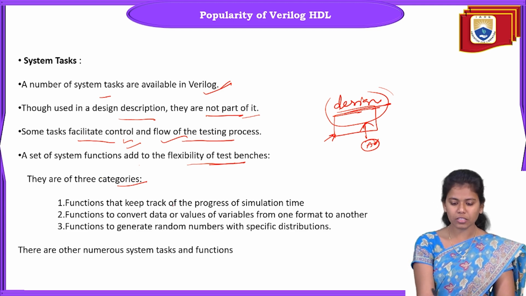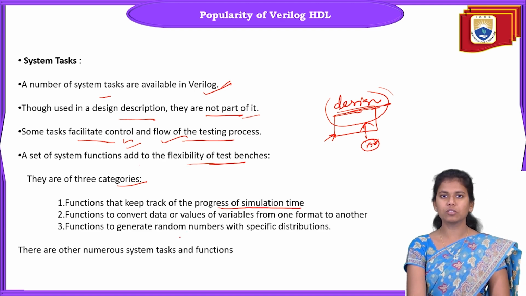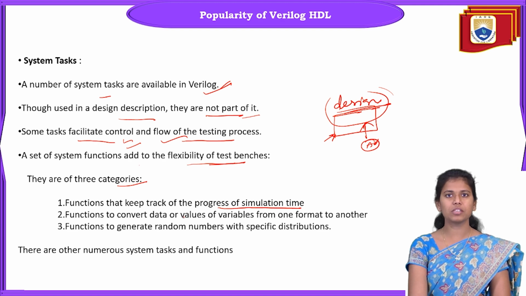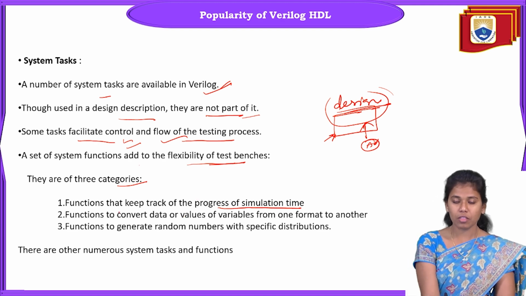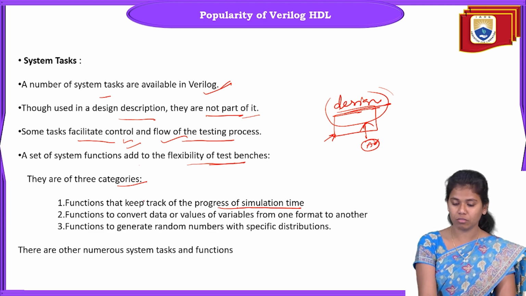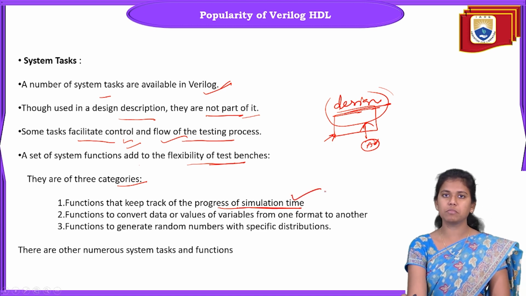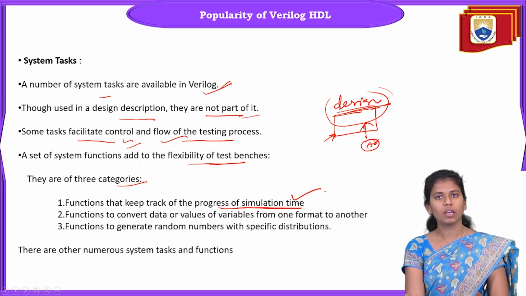We have functions that keep track of the progress of simulation time. The first system task is the function that keeps track of the progress of simulation time. Simulation time is the main constraint to be considered in order to perform a certain task.